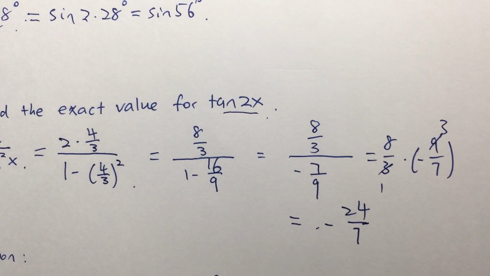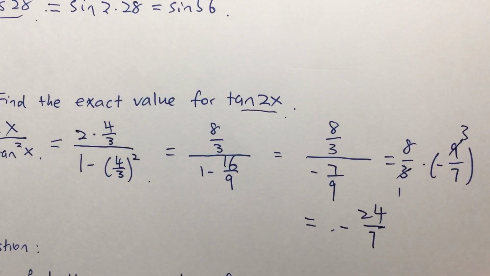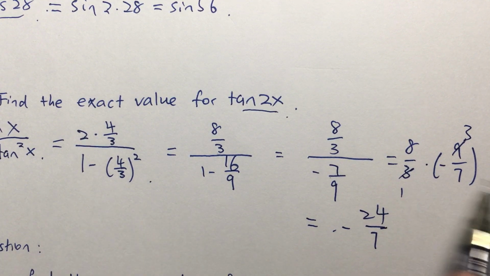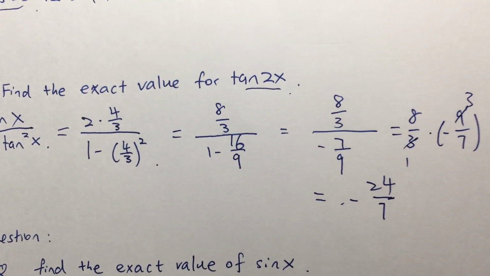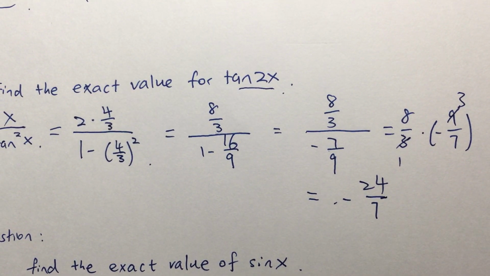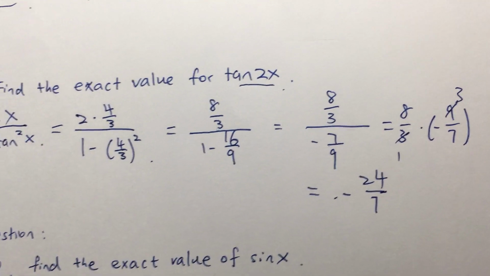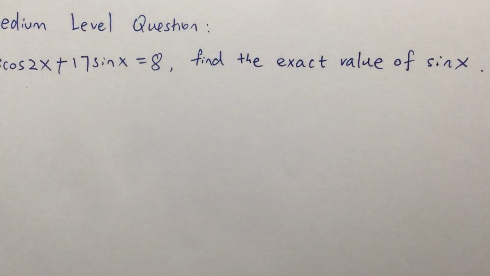You should write the equation vertically, not horizontally, but I don't have enough space. So the answer is negative 24 over 7. That question is still not very difficult. Now let's move to medium level questions.